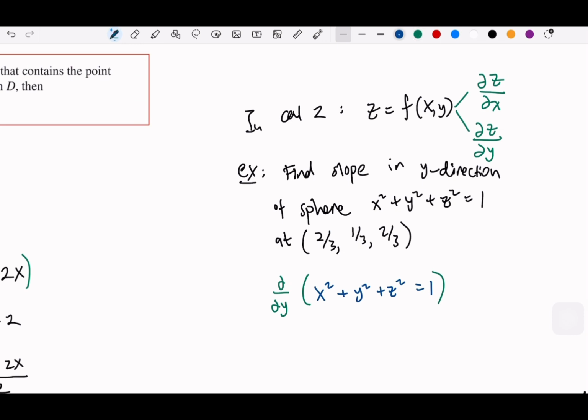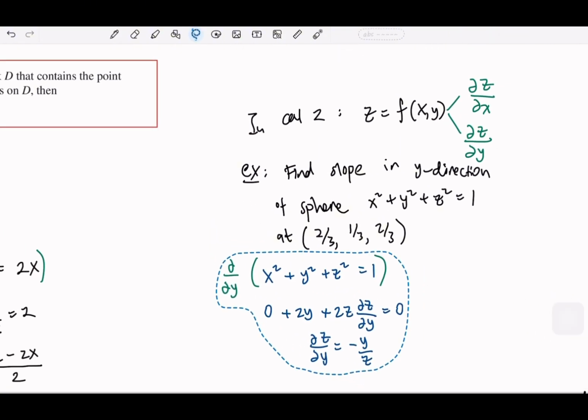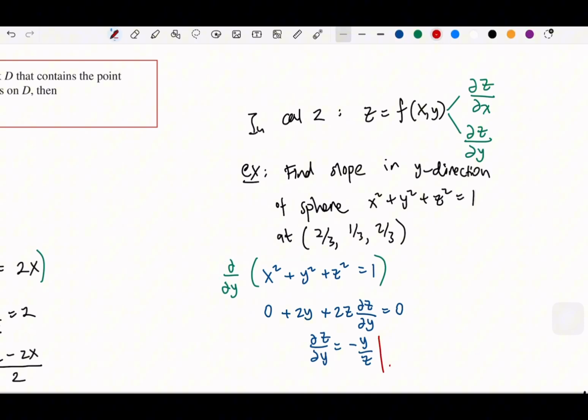So this will be 0 plus 2y plus 2z, and then ∂z/∂y equal 0. And again, we get ∂z/∂y. This will be minus y over z. And since the question needs to include the point, then we need to compute that as in the given points. So we input at the point, which equals 1/3 divided by 2/3 is 1/2, so negative 1/2.